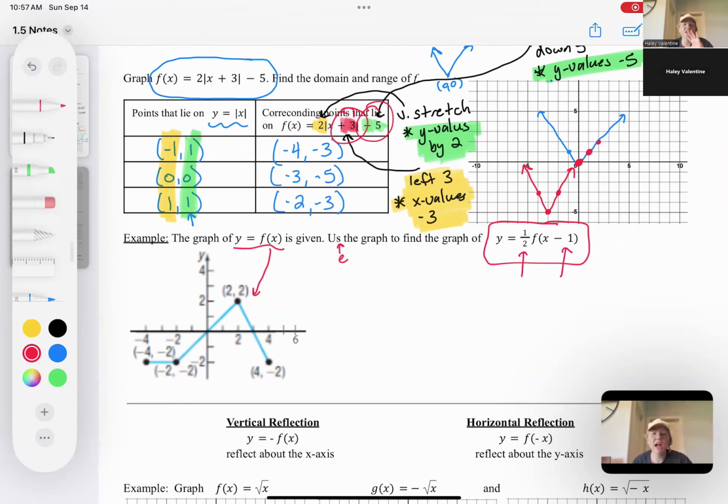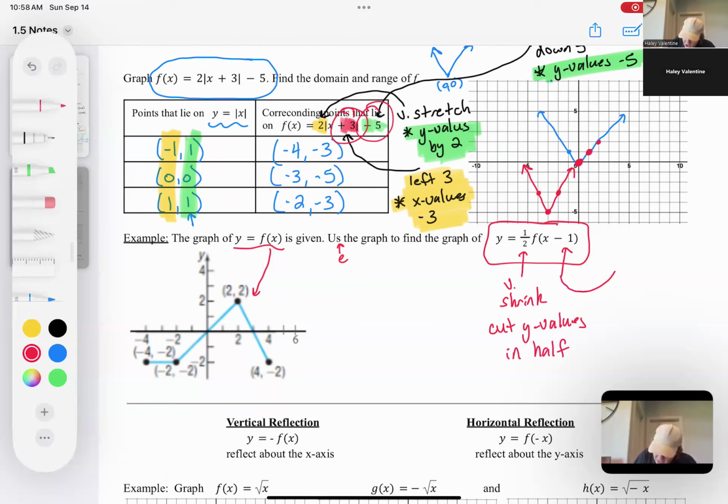Okay, that 1/2 is on the outside of the function. Outside of the function affects the up and the down, the vertical. Okay, since it's 1/2, think about vertical, it's not opposite. So the 1/2 is a vertical shrink. Okay, what that vertical shrink means, that affects vertical, is the y values. So it's going to cut y values in half.